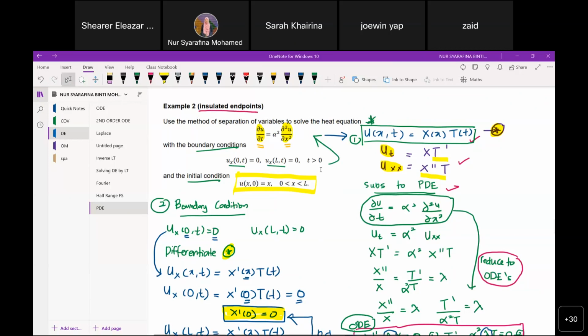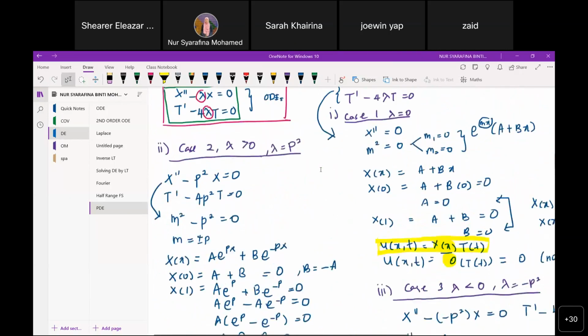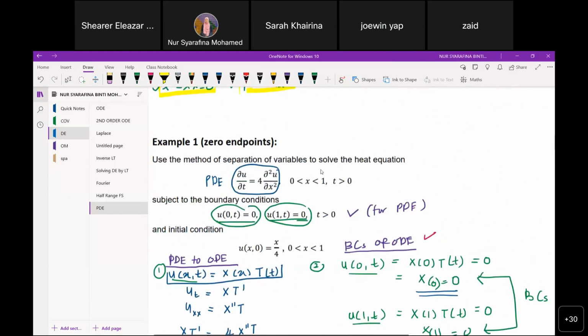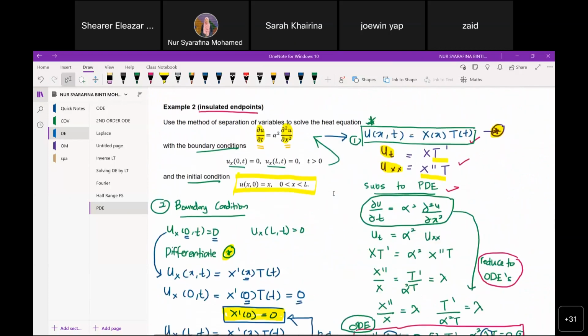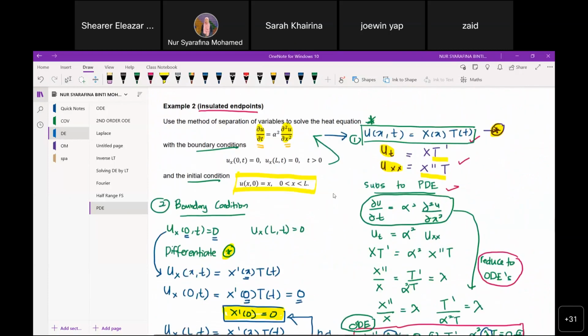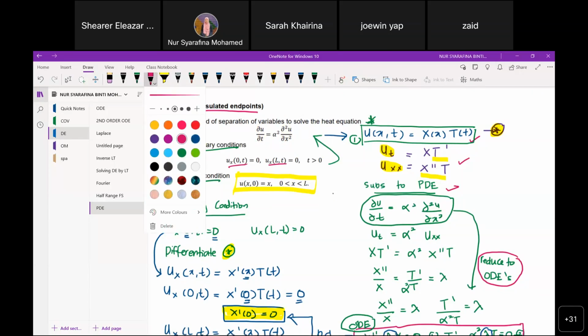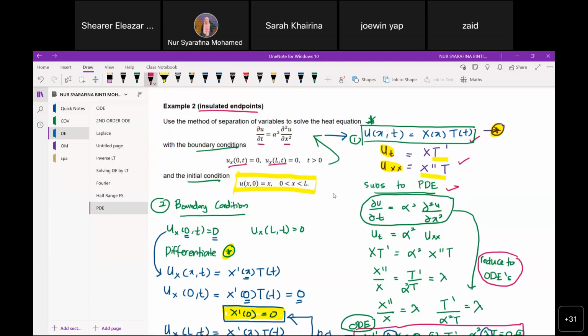As you can see, the previous example was zero endpoints, where the boundary condition only involves u. Then for insulated, the boundary condition involves u_x here. So how can we find the solution? Same process. This is the heat equation, which involves u, x, and t.